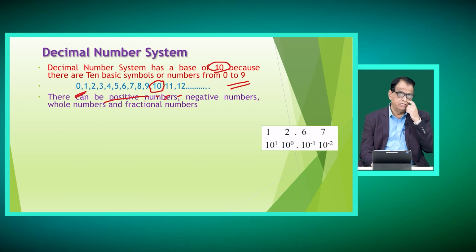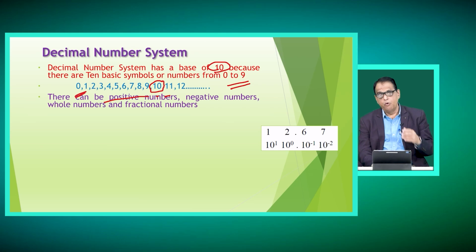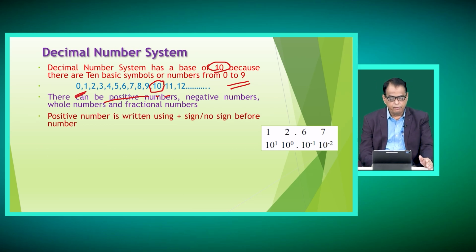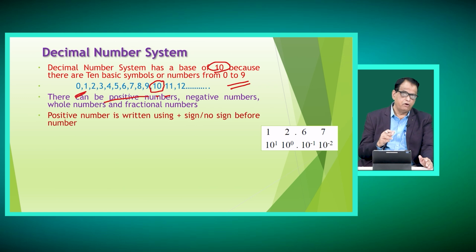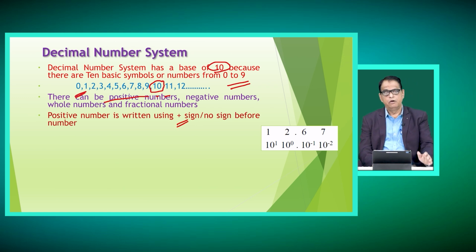In the decimal number system, we can have the numbers which can be positive numbers, which can be negative numbers, which can be whole numbers, and there can be fractional numbers as well. So variety of numbers can be written. Whenever we have some positive numbers, then we can write a plus sign before the number, or many times we do not write any sign before the number, then those numbers are treated as the positive numbers.